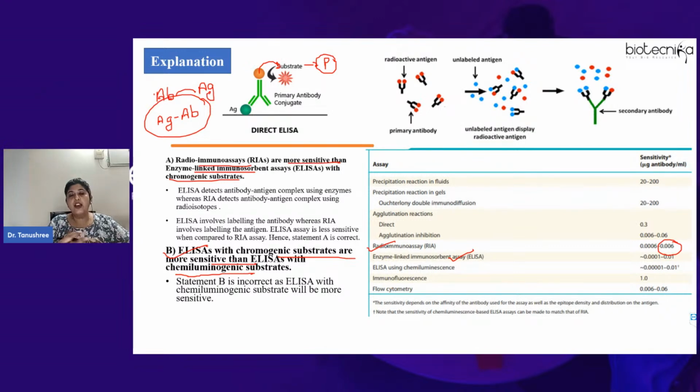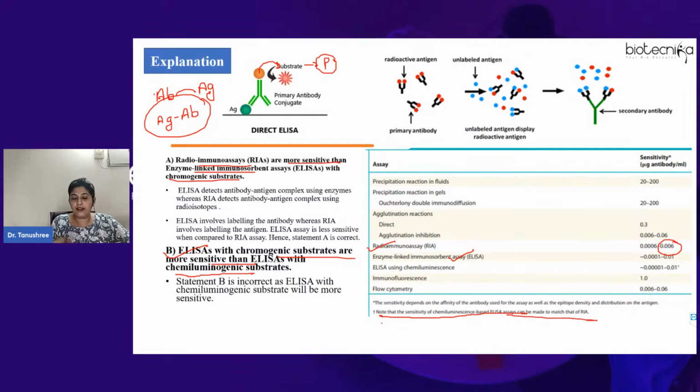Chemiluminogenic substrate means one which emits light. The light is produced due to a chemical reaction, when the enzyme catalyzes the conversion of substrate. So that is a chemiluminogenic substrate.